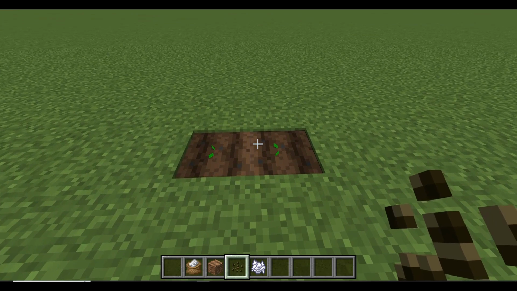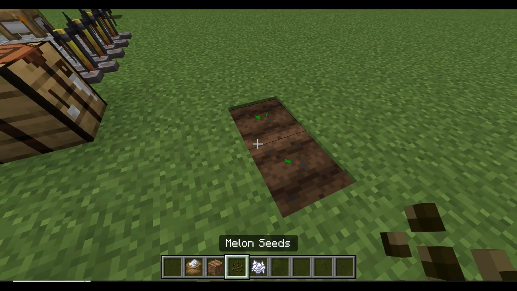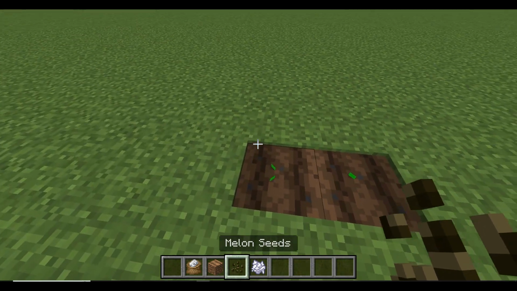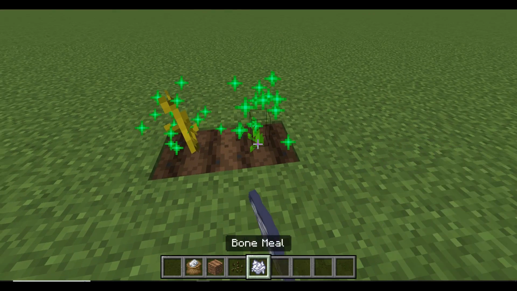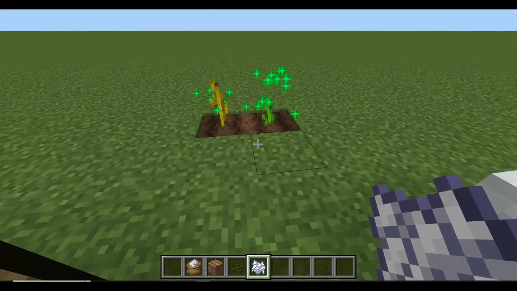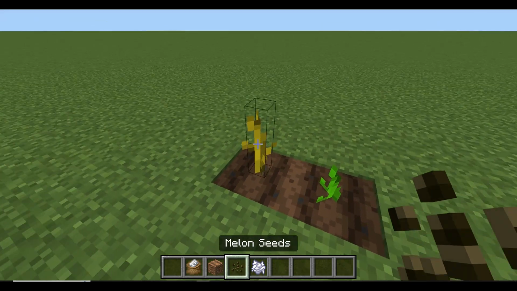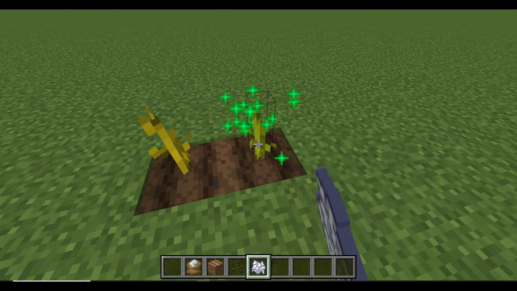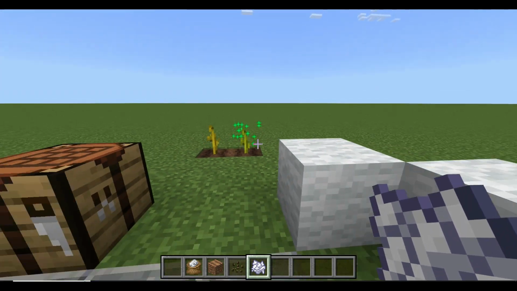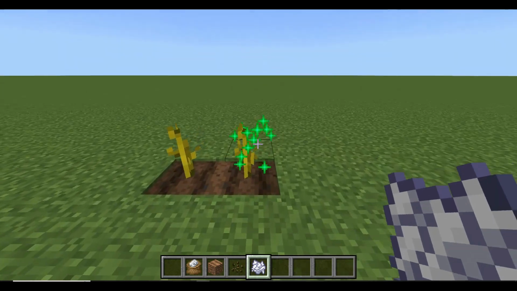I'm going to show you how to use the super fertilizer. So these are two melon seeds side by side. This one has super fertilizer and this has bone meal. As you can see, big difference. To make this melon seed go all the way up to that, you need 3 bone meal.